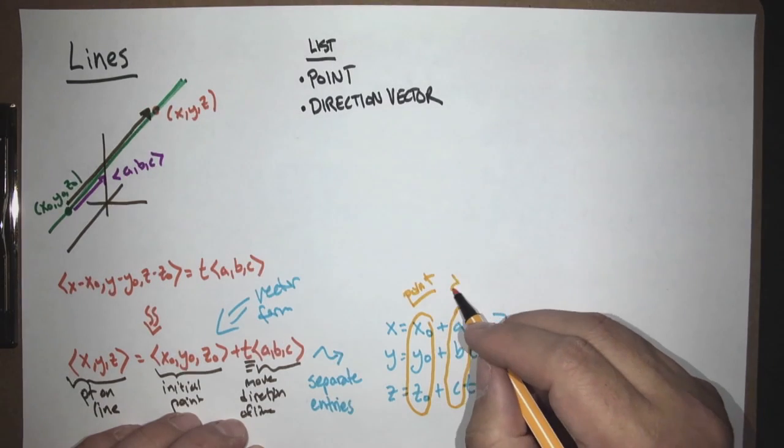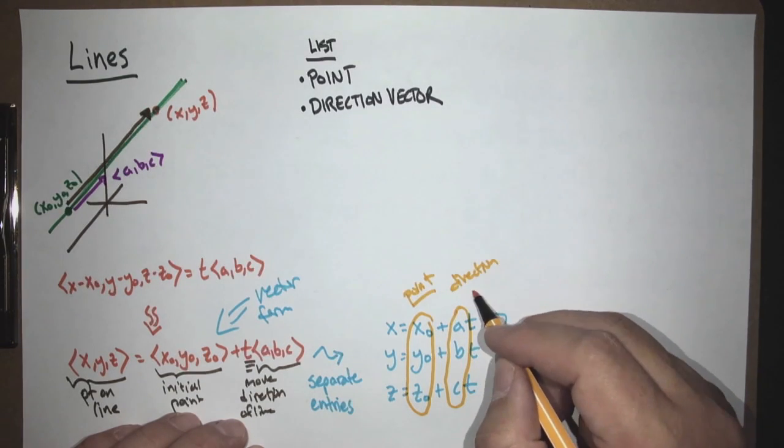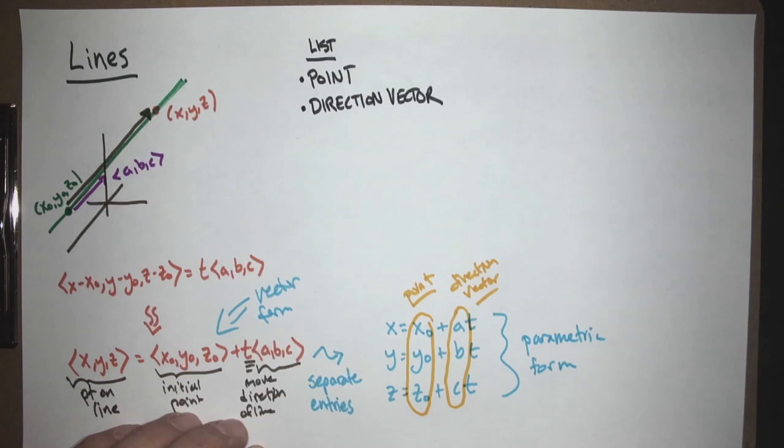Yeah, well, it's our direction vector, which is acting like our slope. But now we're moving into vectors. So you can read off information. If I see it in parametric form, I can read off the direction vector of the line. Or vice versa.